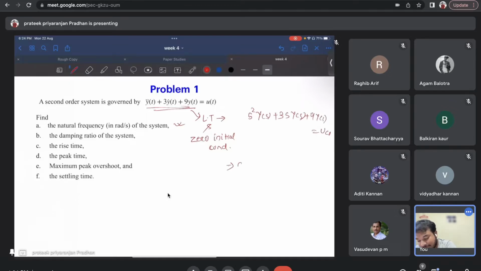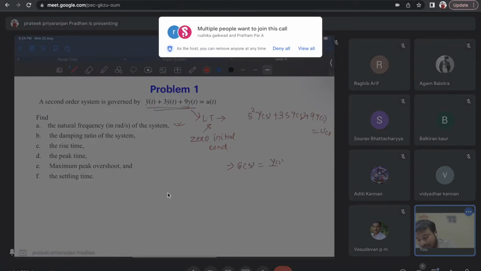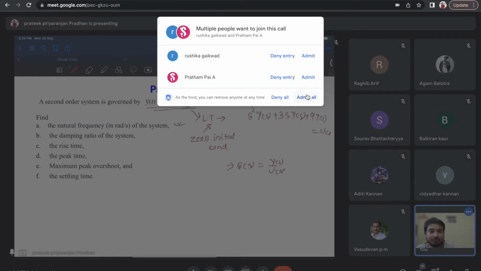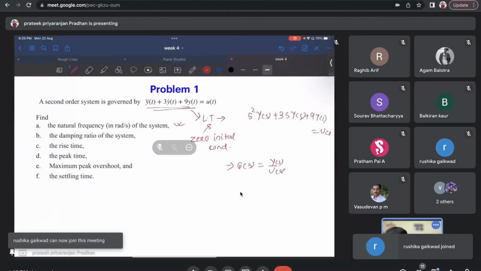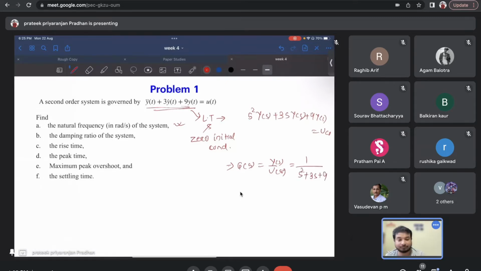Then my system G(s) is Y(s) divided by U(s), which is equal to 1 by s square plus 3s plus 9.